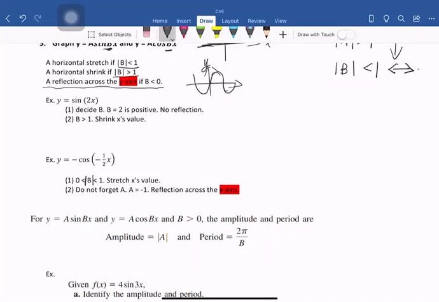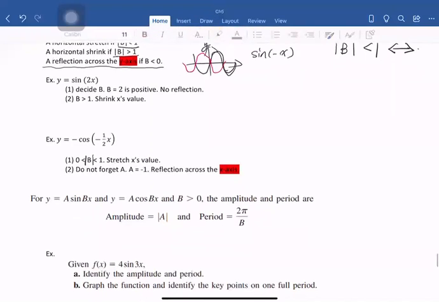If I flip the sine of x, if I have sine negative x, we can reflect it along the y-axis, like this. Okay, let's move on to see the example.